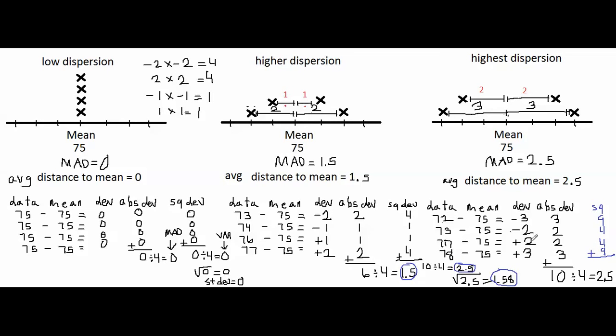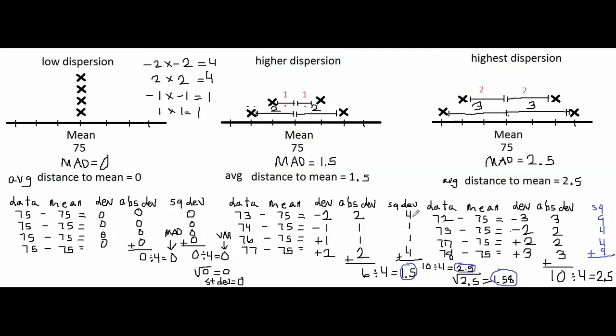Notice how we talked about how the absolute deviations went up when the spread goes up, because in this data set our absolute deviations were 2s and 1s, and in this data set they were 2s and 3s, because the numbers are further away from the mean.